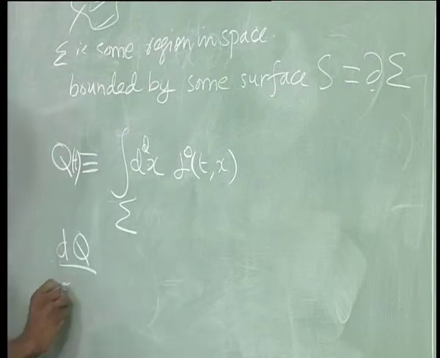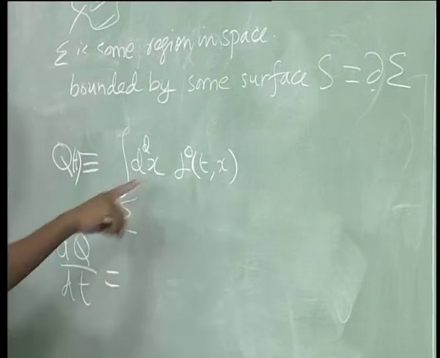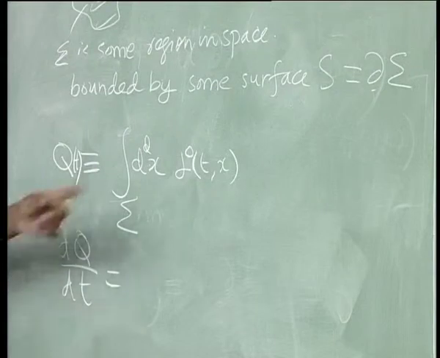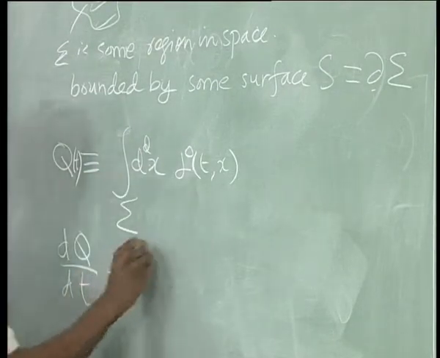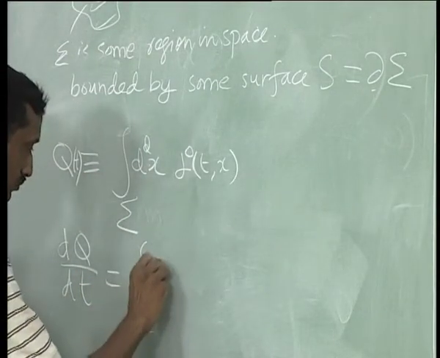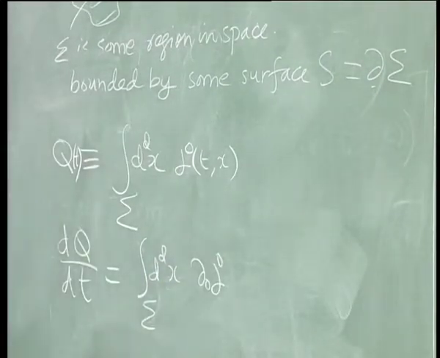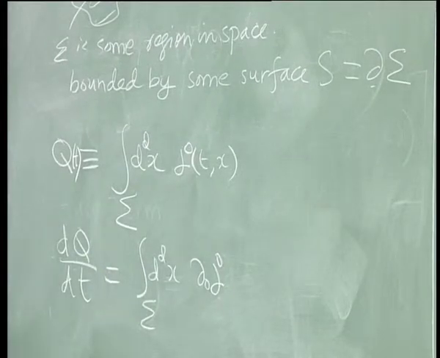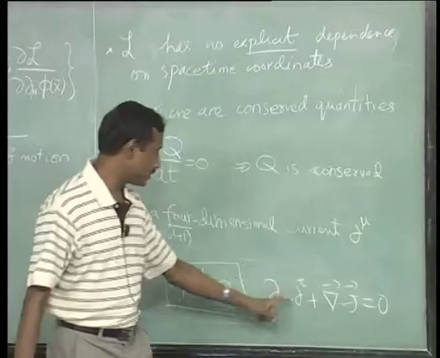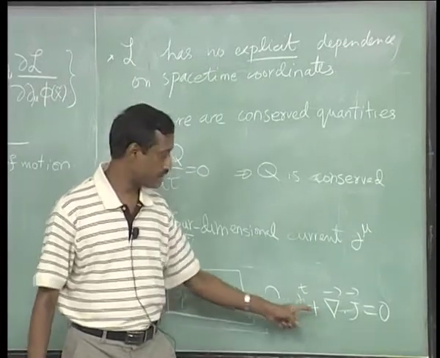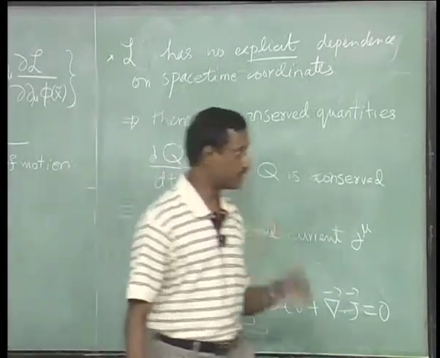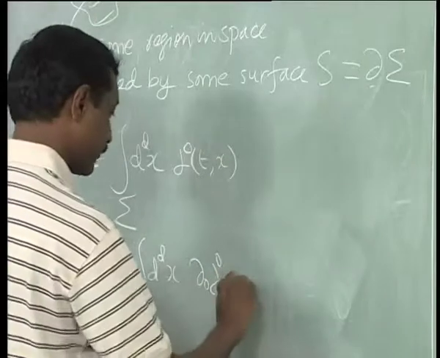So it is just the ordinary derivative, but inside the integral it becomes the partial derivative. Now d0 j0 is minus of this thing, using the equation of continuity.